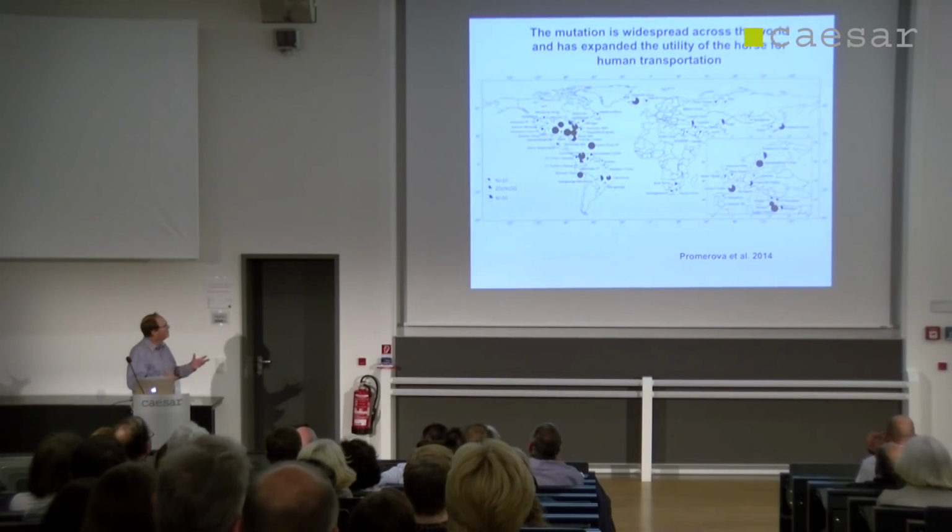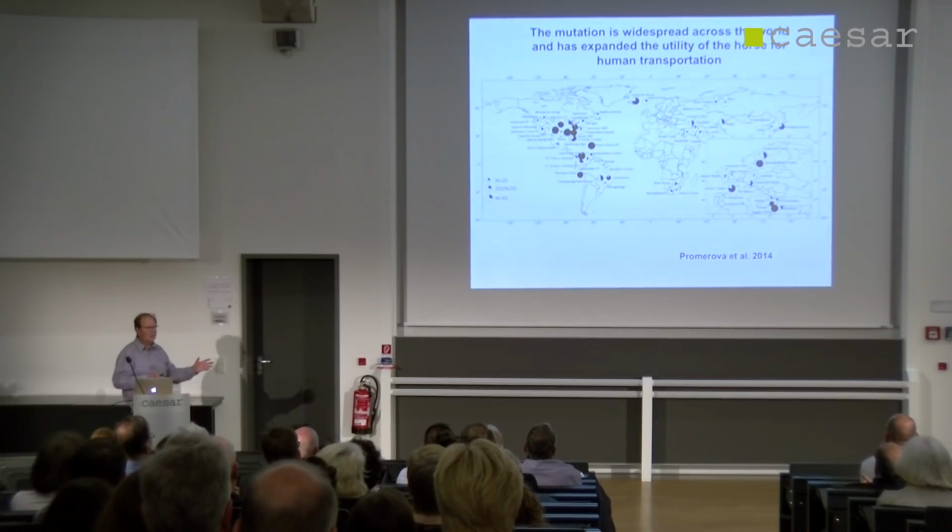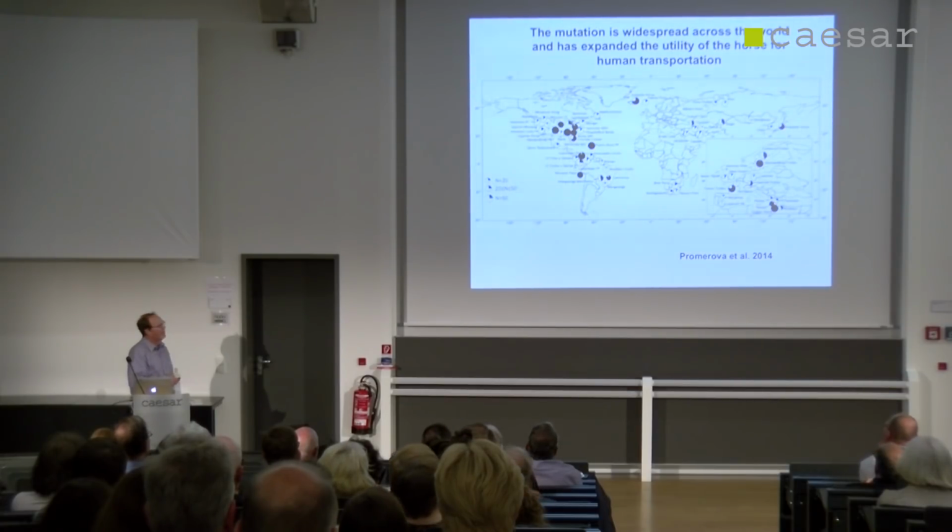So what we can see here is that this mutation has been spread along the world. So this is the frequency of this mutation in different breeds. After discovering this mutation, we wanted to see how widespread it was. We discovered it in Icelandic horses, which are up here. And then we contacted people around the world.